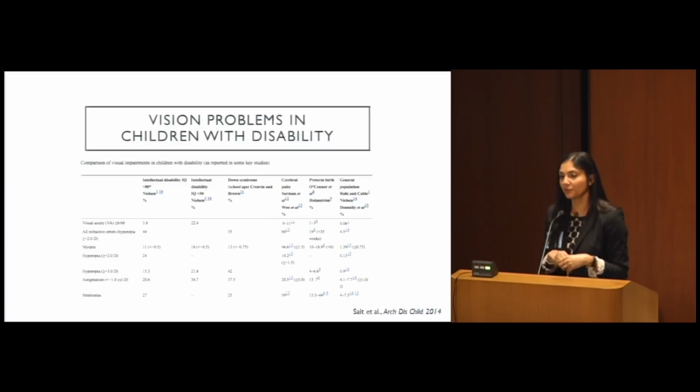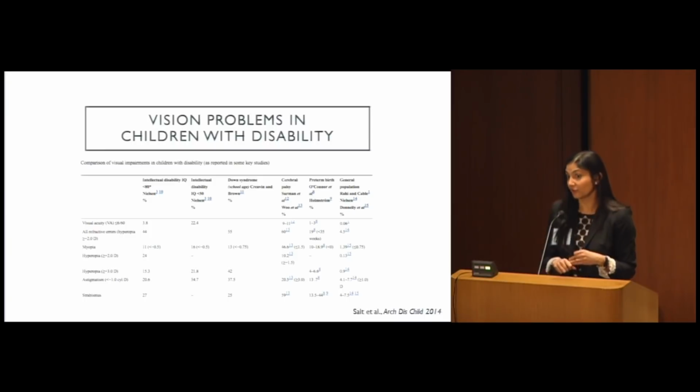So going through several forms of developmental disability, such as intellectual disability, cerebral palsy, preterm birth, Down syndrome, all of these different forms have a higher rate of vision impairment in general, so vision under 20/200, significantly higher than the general population, which is about 0.06%. Refractive errors are the largest, with over 50% of this patient population actually needing glasses.